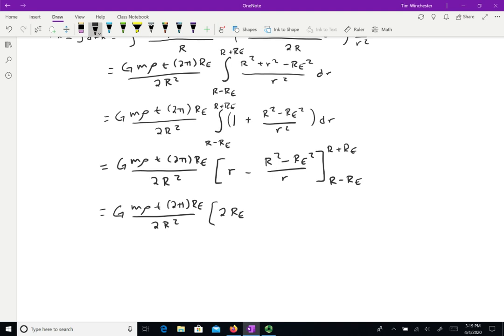So that's what I get for that part. Interestingly, for the second term, when I plug in R plus R_E and R minus R_E, this actually is going to factor because we have a difference of squares here.